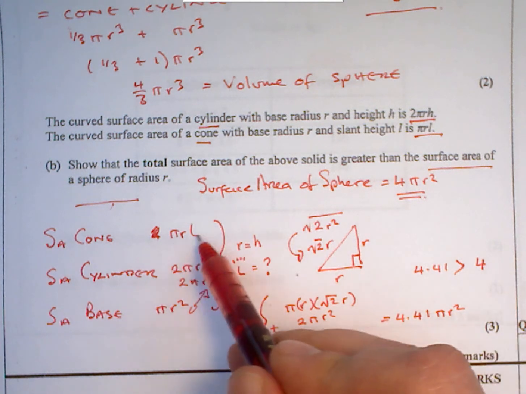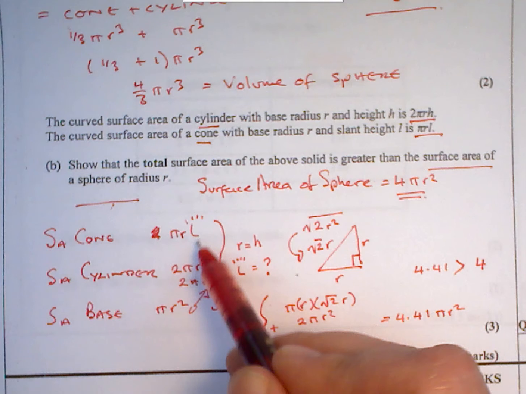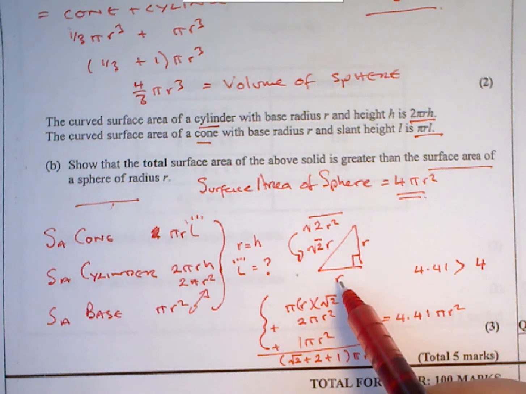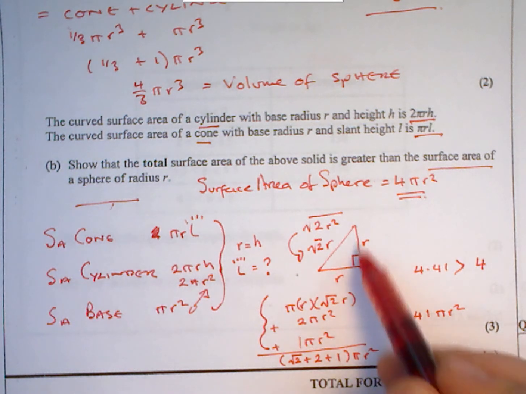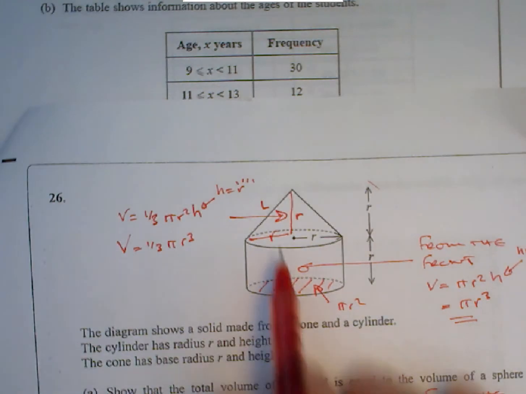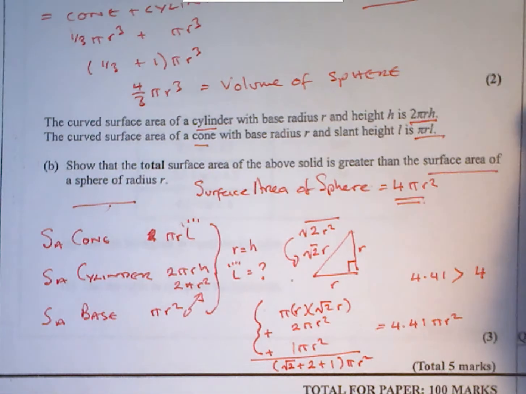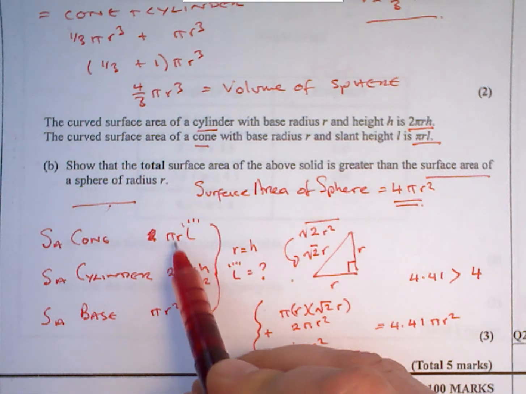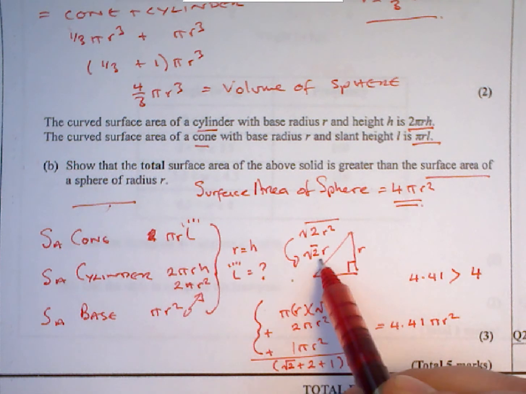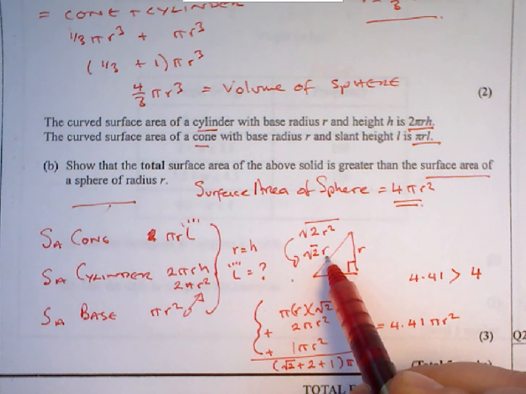But the tricky bit, as I mentioned earlier, is the L. For L, I'm going to have to use Pythagoras. We knew that the height was r and the radius was r. This triangle comes from this triangle here. So what we have is pi r, and L turns out to be √2 r.